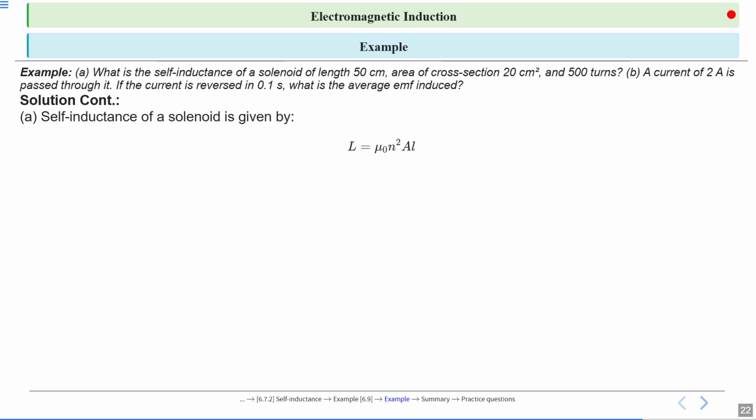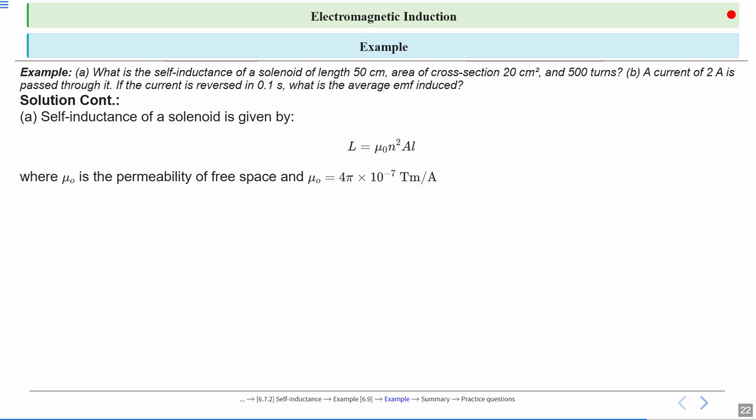It results in mu naught N squared A upon l. This is also a valid expression. But if you are using small n, then the expression is L equal to mu naught n squared A l. That l goes in the denominator if we are using capital N, only the number of turns, but if we are using number of turns per unit length, then that l will be in the numerator and nothing is in the denominator.